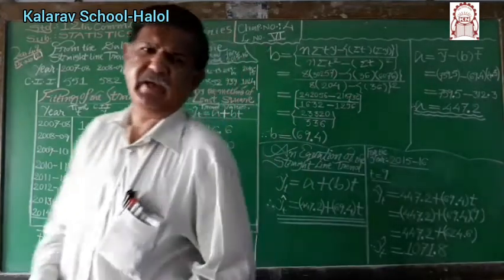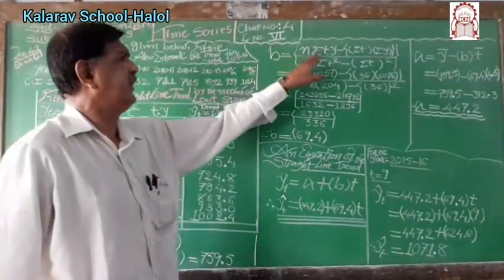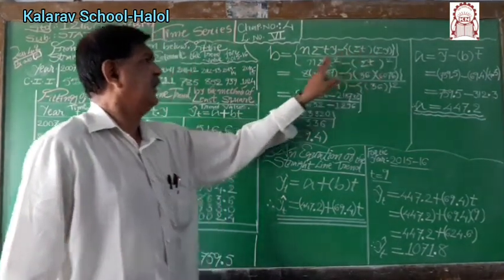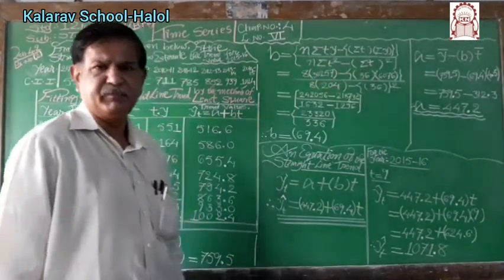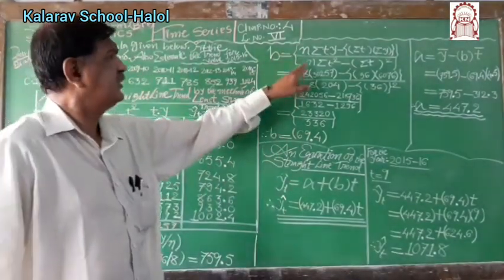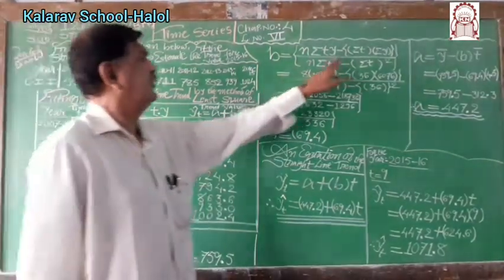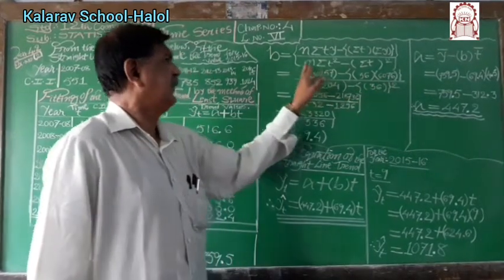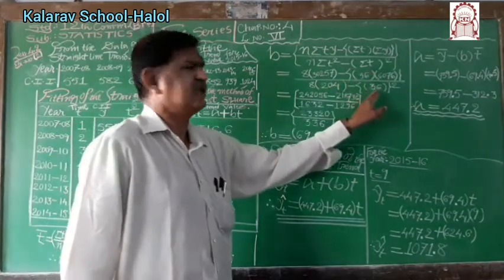Now b is given by n times sigma ty minus sigma t times sigma y, upon n times sigma t square minus sigma t whole square. Now substitute the values. N is 8, sigma ty is 30257, sigma t is 36, sigma y is 6076, sigma t square is 204, and sigma t is 36, whole square.